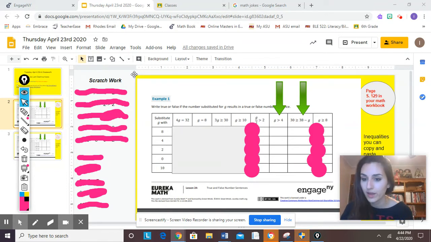We have more math to do today, so we're going to go ahead and start up on this page. We're going to take notes on these two columns, so this one right here and this one over here together. You can do it under the part that says scratch work.